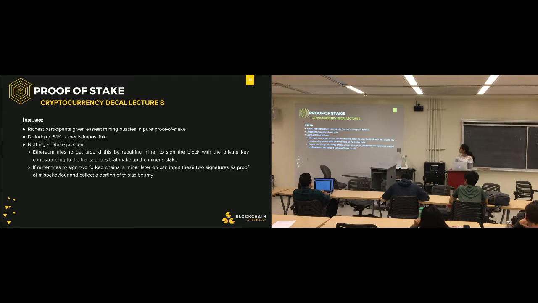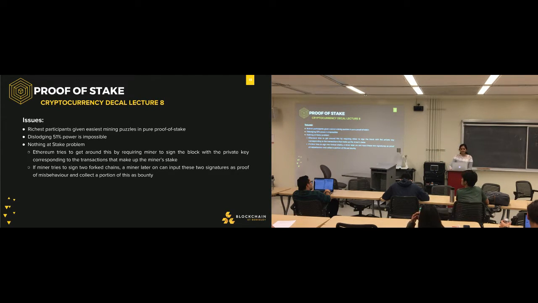Some issues with proof of stake is that it makes mining puzzles easier for those who hold more stake. To incentivize people to hold more stake, it makes the mining puzzles easier for them, which is an issue.